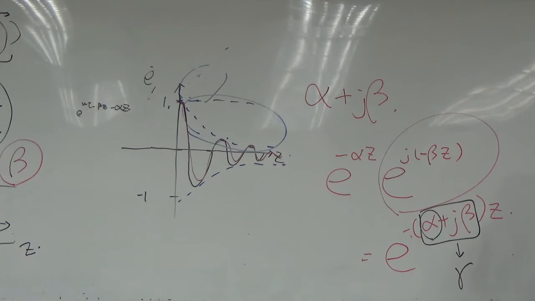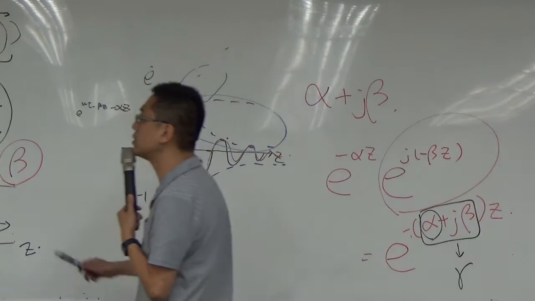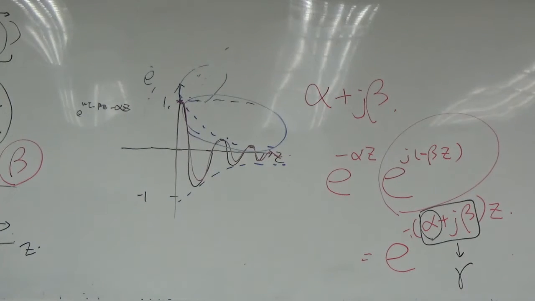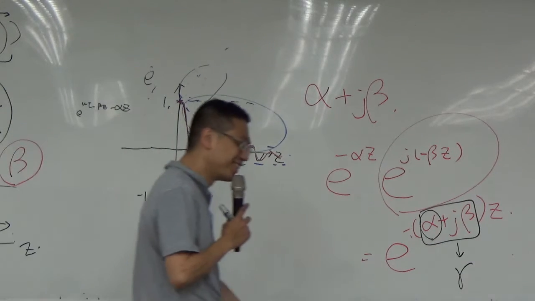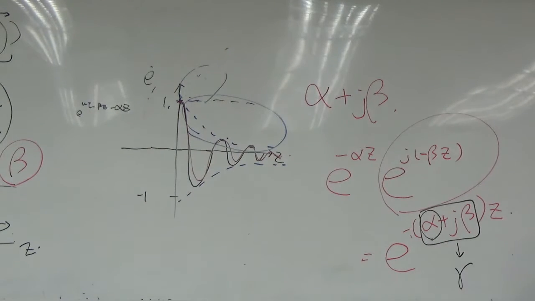Gamma is alpha plus j beta. And this is the reason, because if we want to see the loss, this is how we use it, because the equation is like this one. Okay? And now, let's keep going, getting more and more complex.